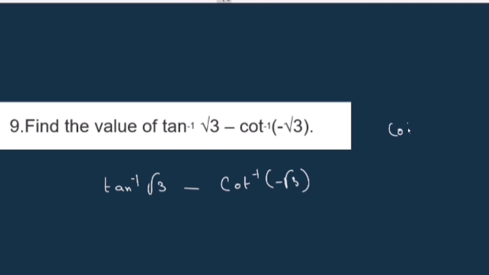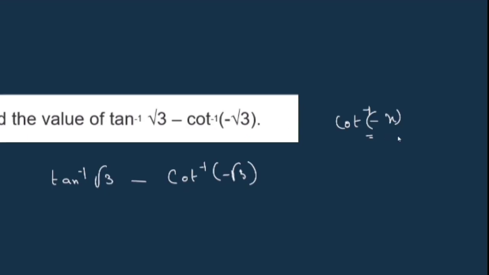Find the value of tan inverse root 3 minus cot inverse of minus root 3. You should know the property. Remember, cot inverse of minus x is not minus cot inverse x, it is pi minus cot inverse of x.